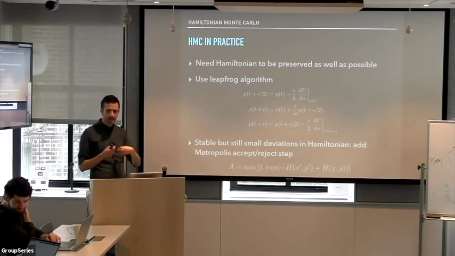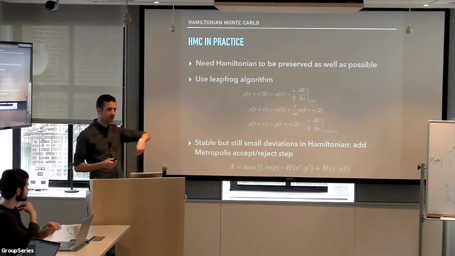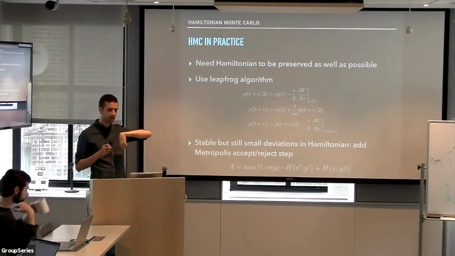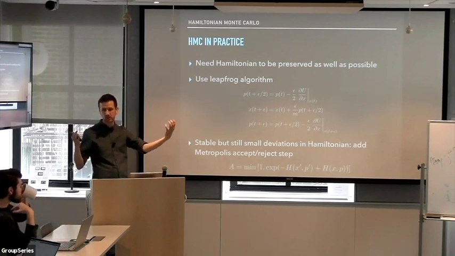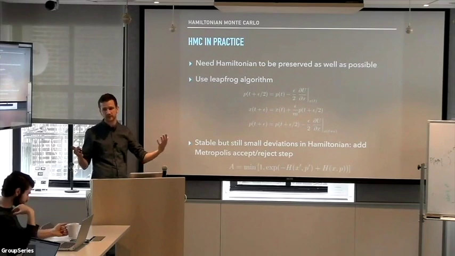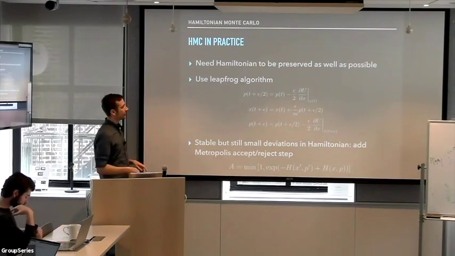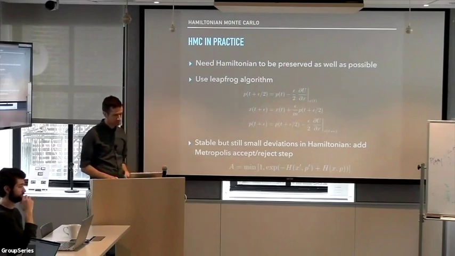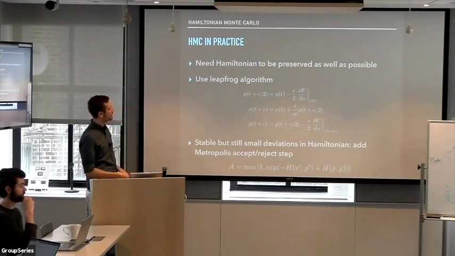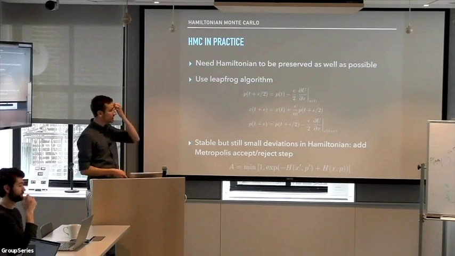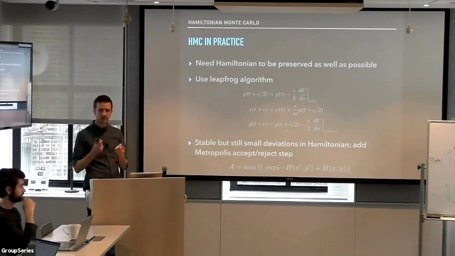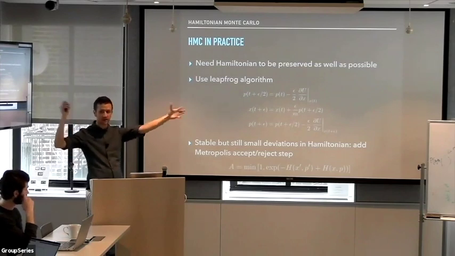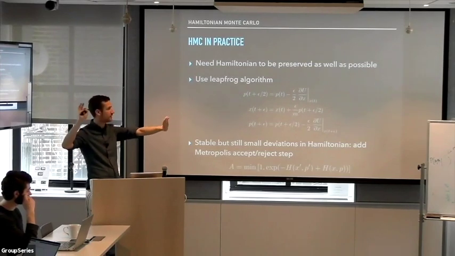Fundamentally, in the ideal case, you would preserve your Hamiltonian precisely, and then that basically gives you a 100% acceptance rate, okay? But you have to evolve this thing numerically, and so I'll just skip through this because we don't have much time. People end up using something called the Leapfrog algorithm that basically allows you to evolve this system in a way that it doesn't diverge away to infinity. It doesn't break.